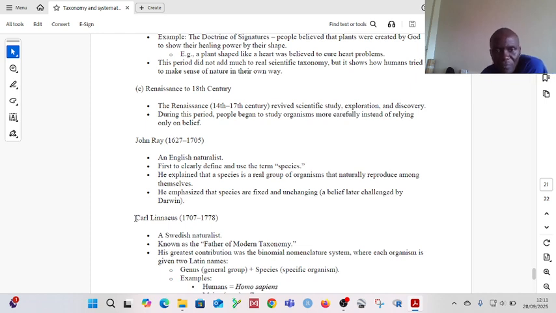It was him who explained that a species is actually a real group of organisms which can naturally reproduce amongst themselves. The only thing he did, which was later challenged by Darwin, was that his emphasis that species are fixed and they don't change. But now we'll see Darwin brought about evolution, which leads to the change of species.